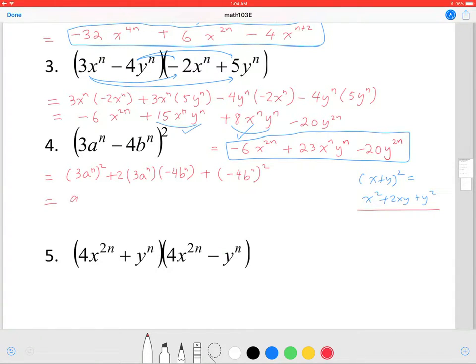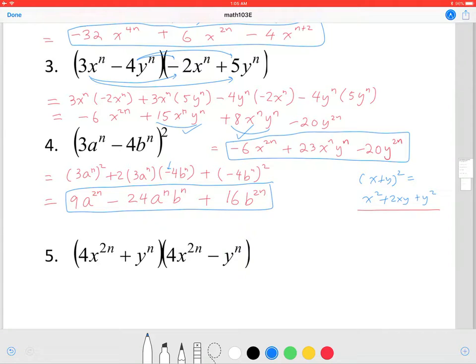That will be 9a to 2n, and the second term is going to have a negative because of this negative sign. So minus 2 times 3 times 4 is 24 a to the n b to the n, and the last one is plus, I'm squaring a negative, so I'm going to get plus 16b to 2n. All right, so that's my number 4 solution.